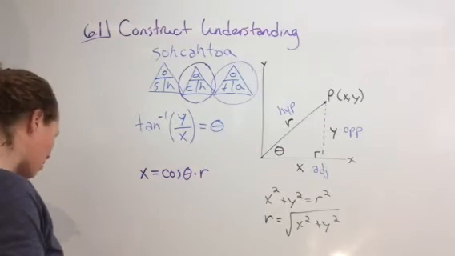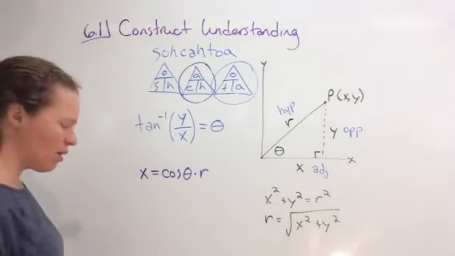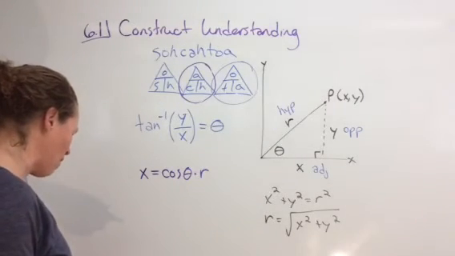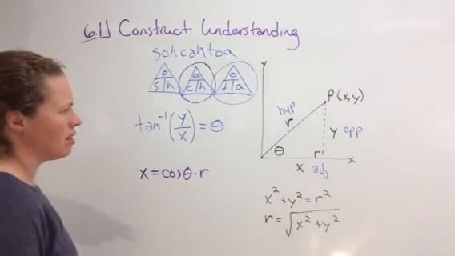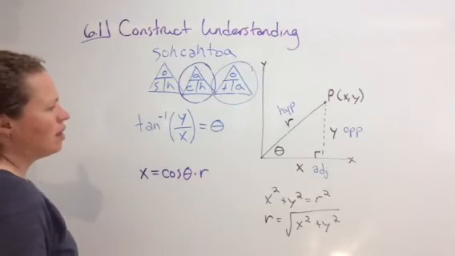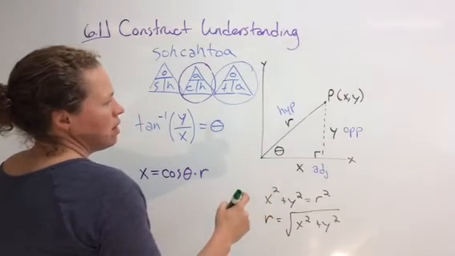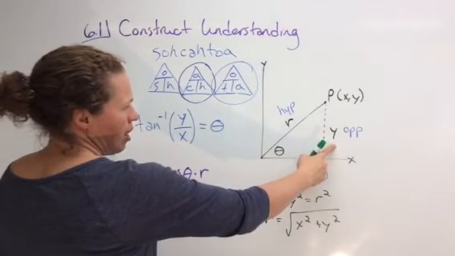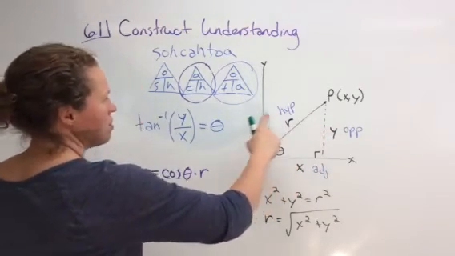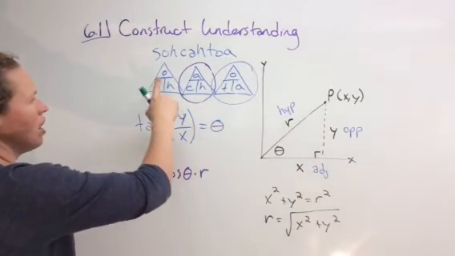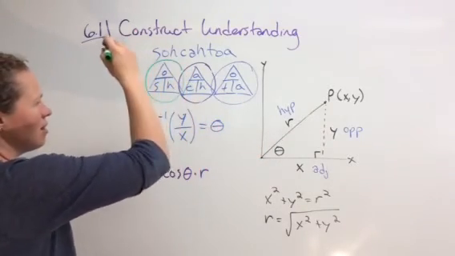And the last thing that they want us to know is, how do you find the y-coordinate if you have the radius and theta? So we're looking for opposite now. If we want the y-coordinate, which is opposite, and we have the hypotenuse, we're going to look for the ratio that uses opposite and hypotenuse, and that is sine.